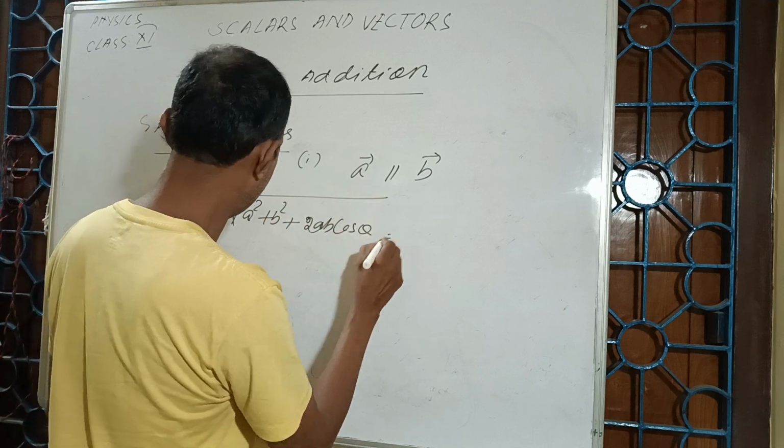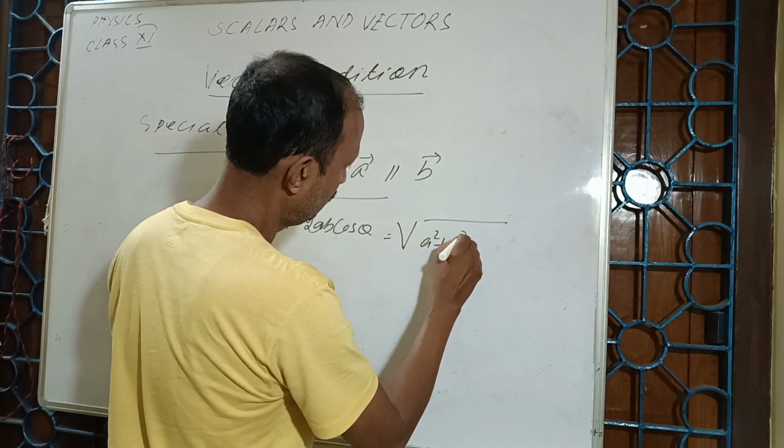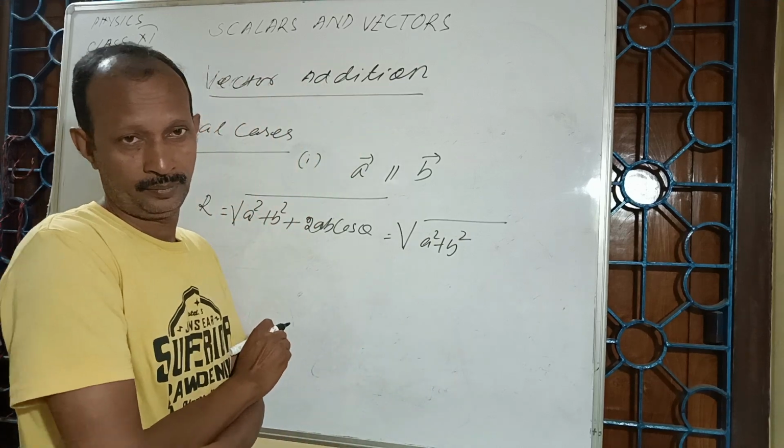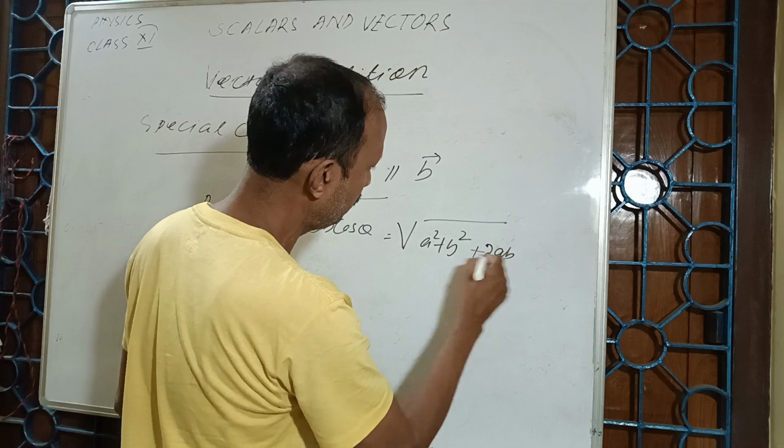That means it is equal to A square plus B square plus 2AB.